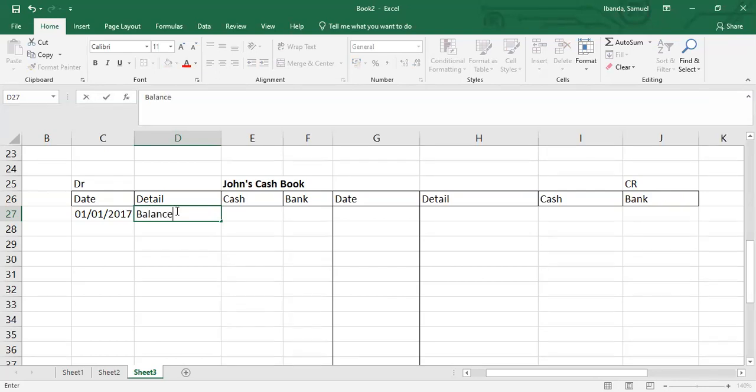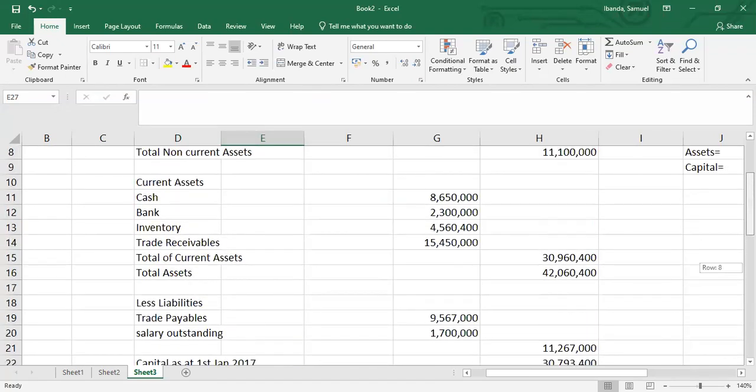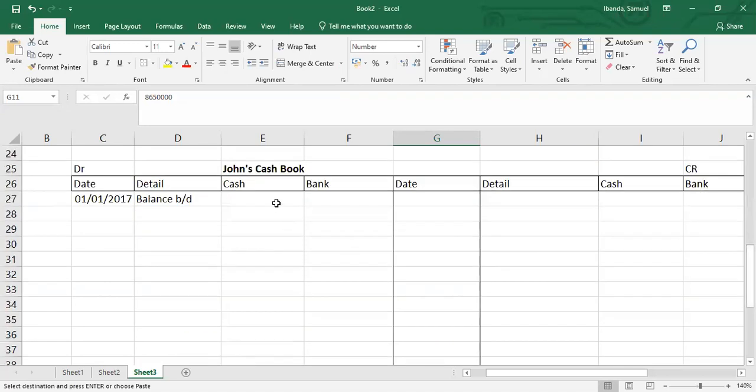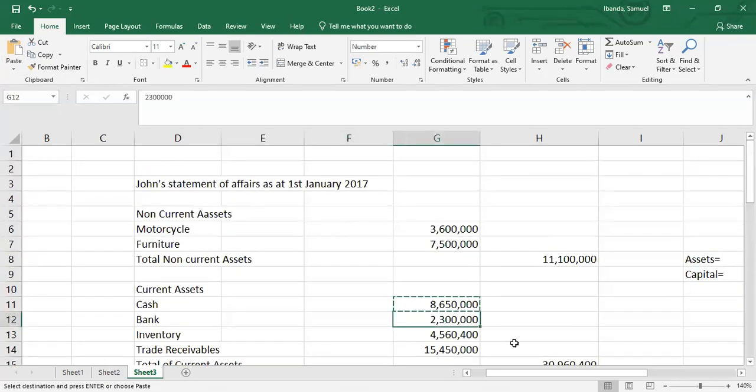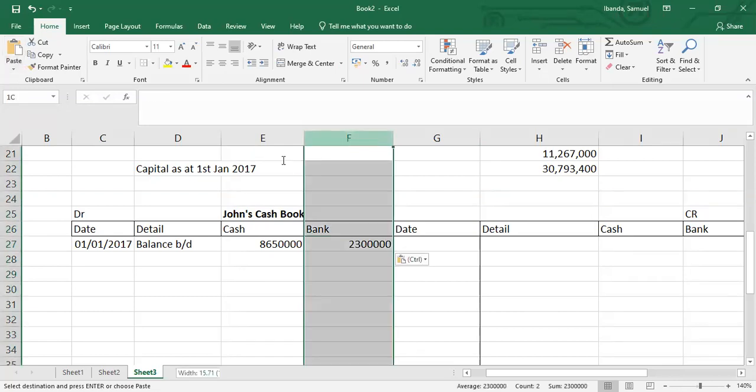Under cash, I'm going to pick the value from this figure since I already recorded it here, and under bank, I'll have 2.3. Those are my balances brought down from what I've been given.